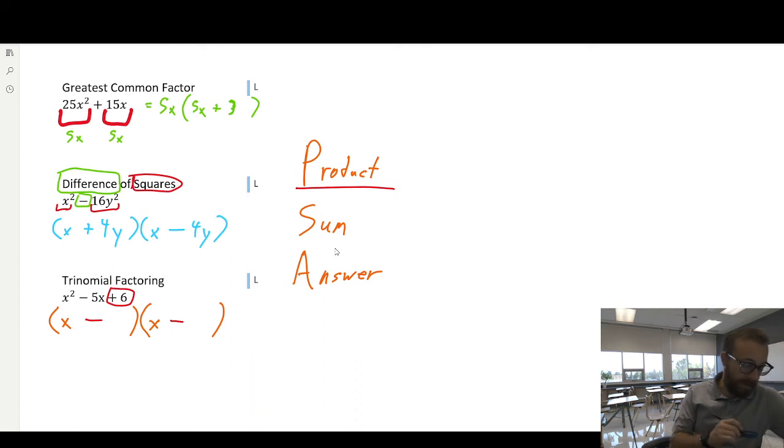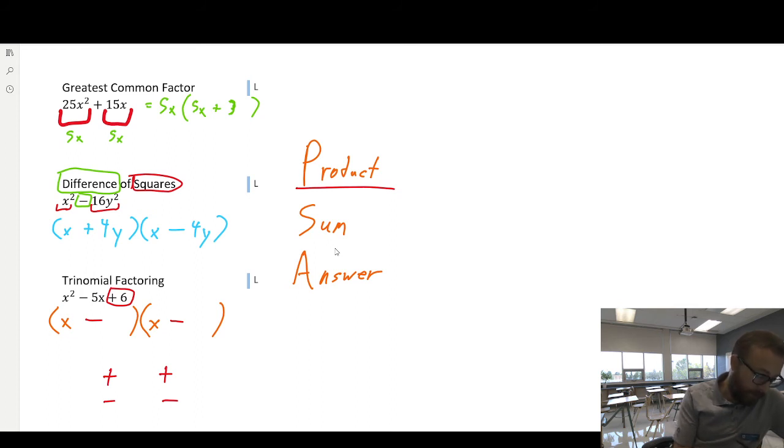So I'm going to start with two minuses, and then I'm going to start thinking about it. Well, we have two options. If we're multiplying to get a positive value, it needs to be positive times a positive or a negative times a negative. Okay? So in this case, it could be either of those, but we know it can't be a positive and a negative. It can't be that one. And then the sum part we'll take a look at in a second, but let's start with the product.